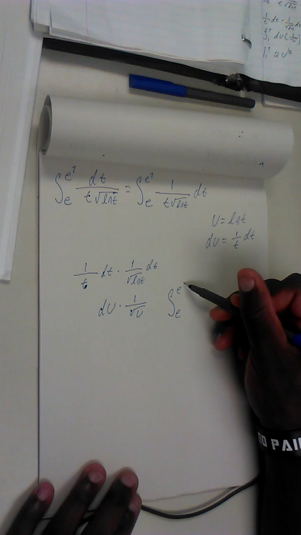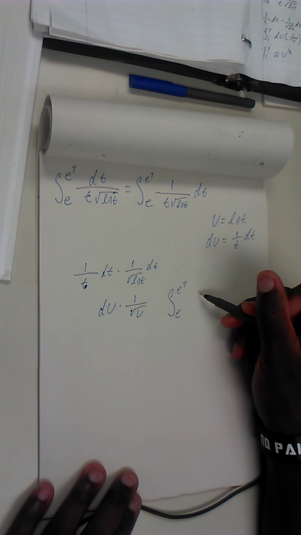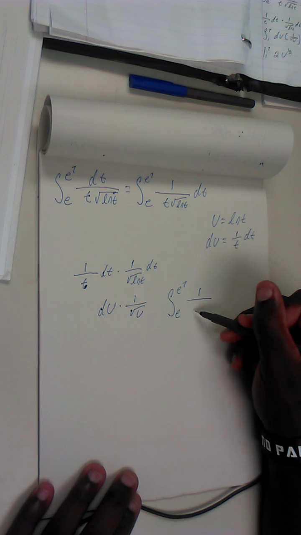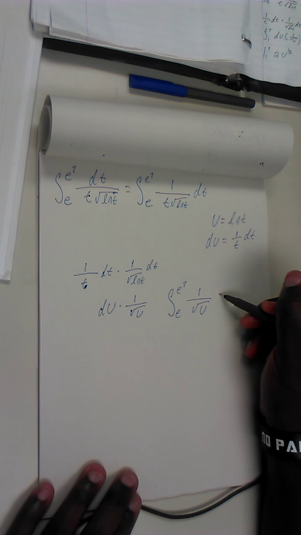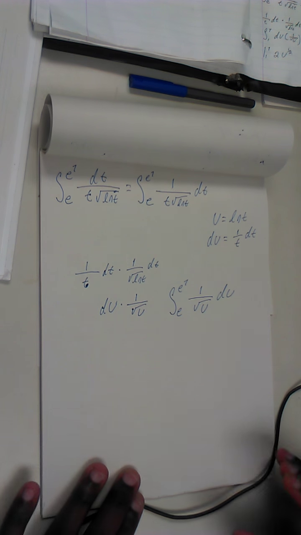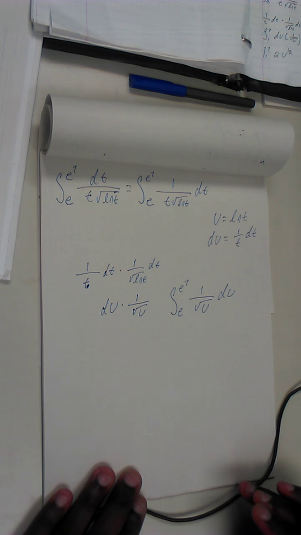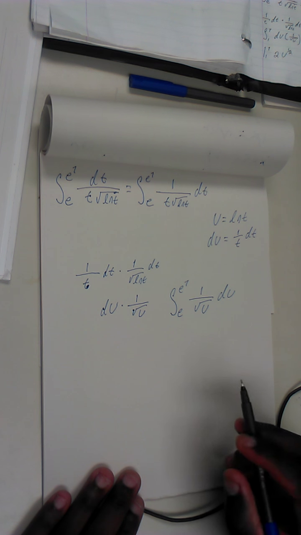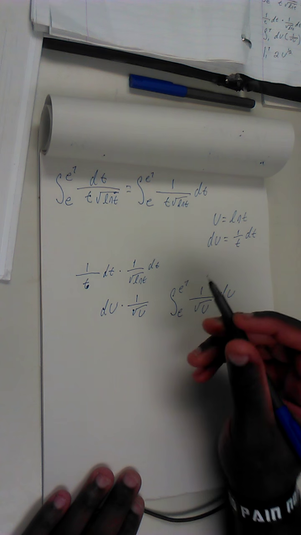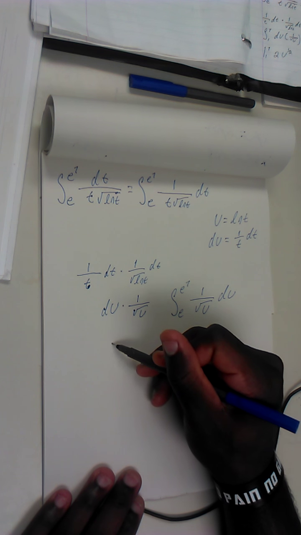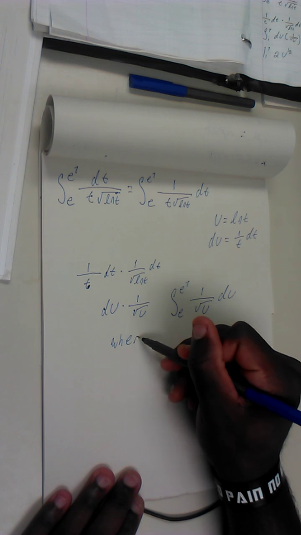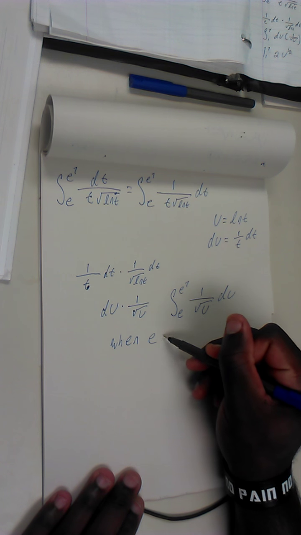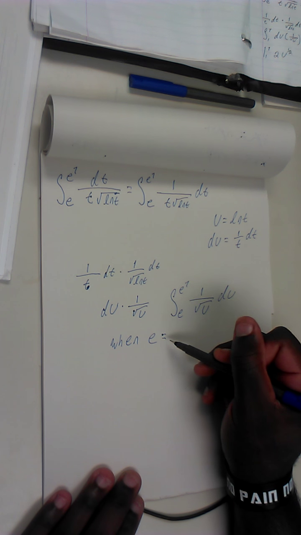E to the 7th, 1 over radical u du, right? But we aren't done, because we have to put these limits in terms of u, right? So let's go ahead and do our lower limit first.